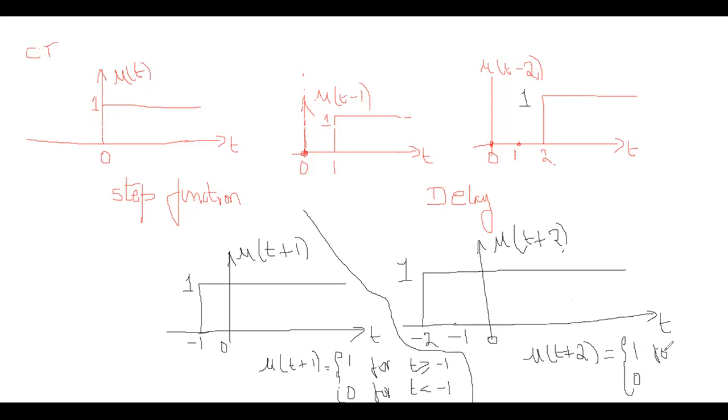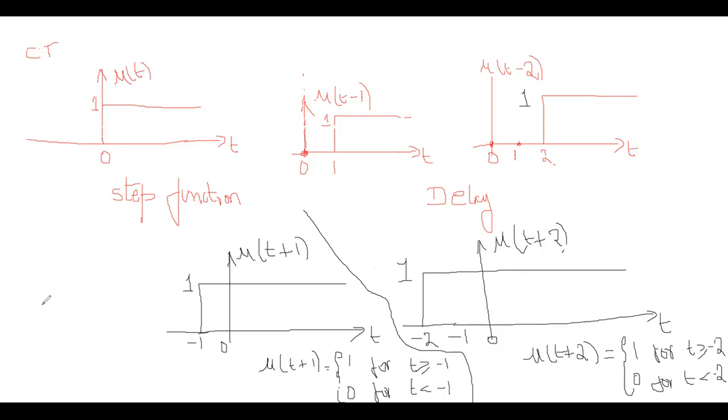It is 1 for t greater than or equal to minus 2, because from minus 2 the values minus 1, 0, 1, 2, 3, and so on are all 1, and 0 for t less than minus 2. This is the function for this.